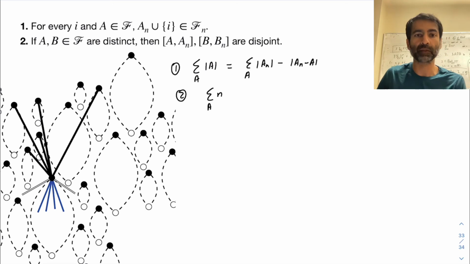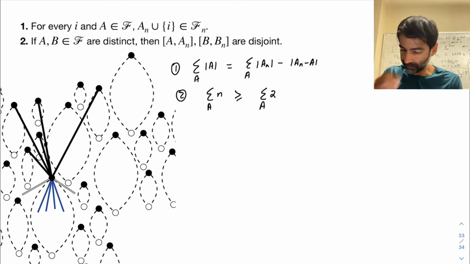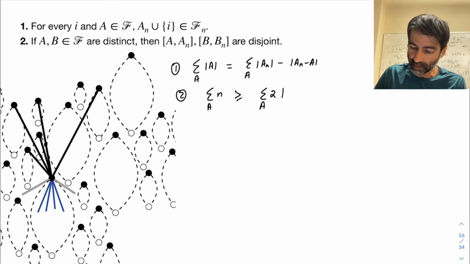So I have the sum over all A of n. This is n times the number of sets in the family. And I claim that that must be at least as large as the sum over A of 2 times n minus the size of A_n.